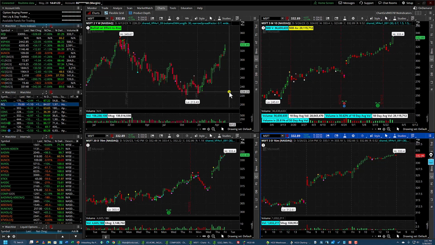And to explain that, I'm going to open up my drawing tools, and I'll get an arrow, and I'm going to point to this weekly chart. This weekly chart, if we go into the daily charts, it's made up of 5 daily charts. So these 5 bars are represented in the weekly chart over here.